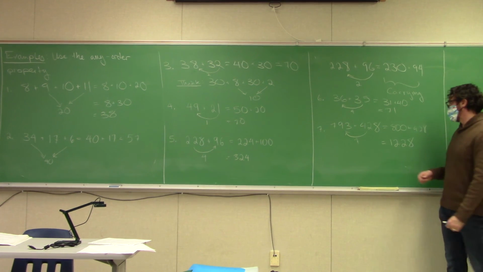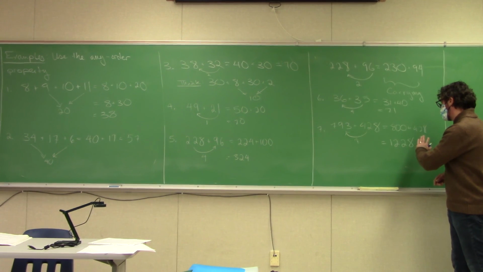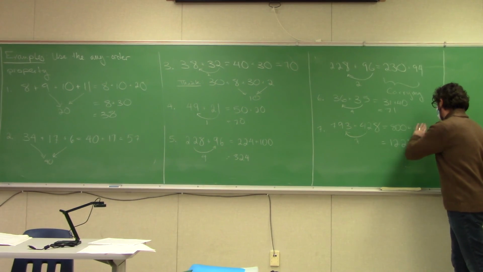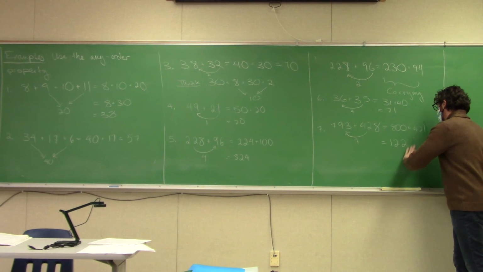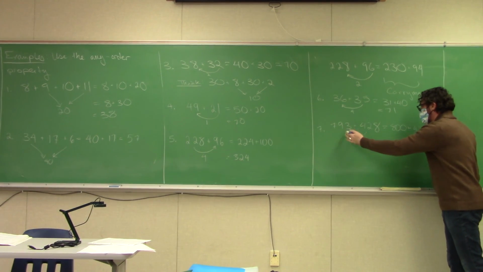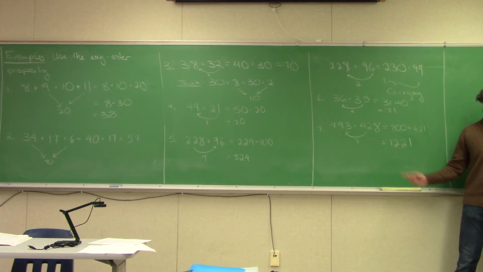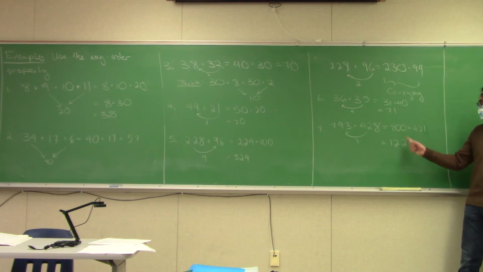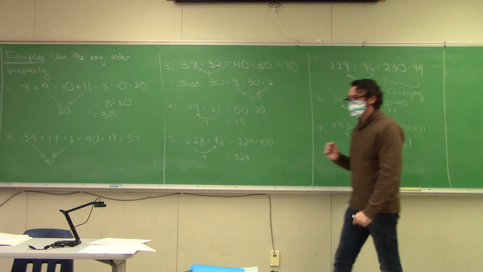Well, I took 7. Sorry, one more time? Oh, yeah, 21, yeah. I forgot to take away the 7. I added it over here, but then I kept that as an 8. Okay, so we want 1221, okay?